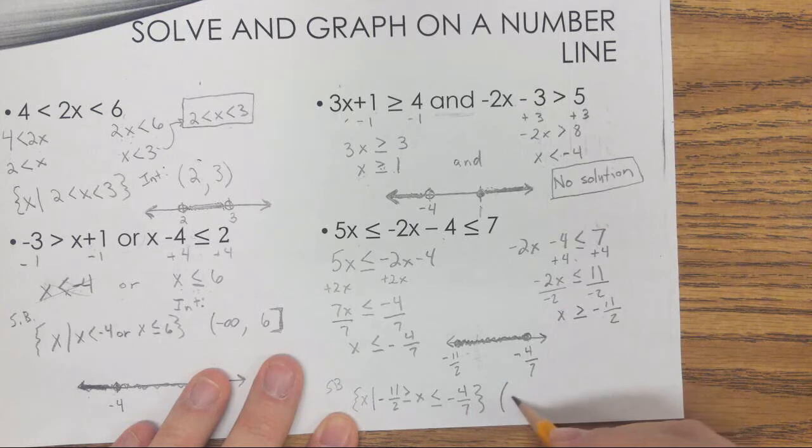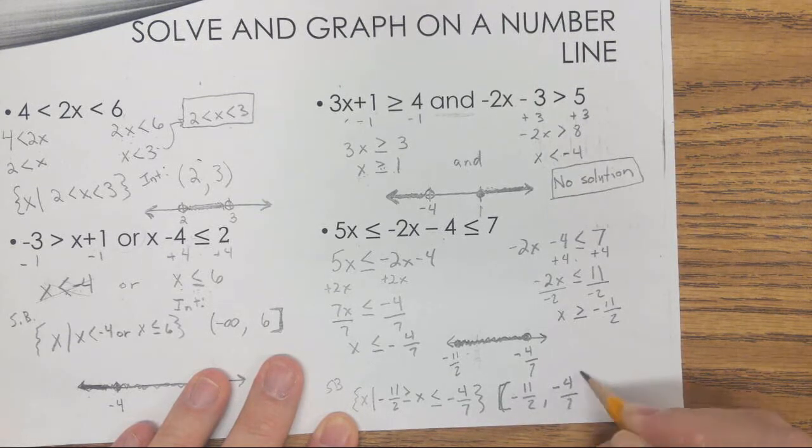And for interval notation, this one is bracket negative 11 over 2 to negative 4 over 7.